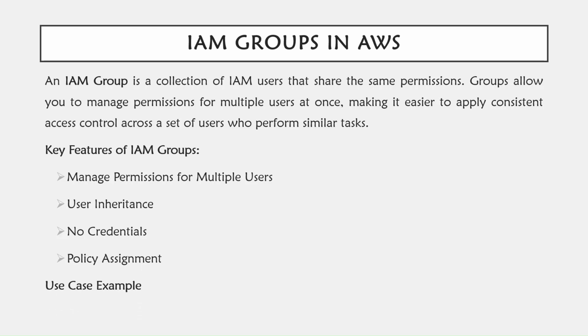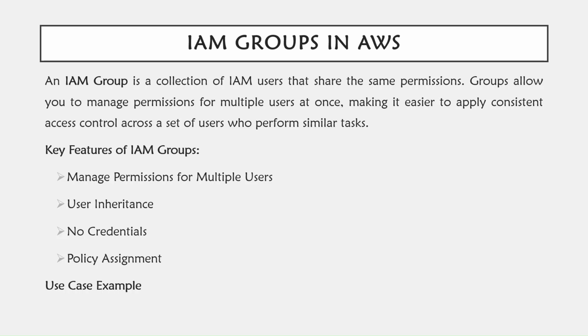Rather than assigning permissions to each individual developer, you create a developer group and assign the relevant permissions to the group, for example EC2 StartInstances, EC2 StopInstances, ListBucket, PutObject. Once the developers are added to the developer group, they will automatically inherit the permissions specified for that group. This ensures that all developers can perform the same actions on EC2 and S3, streamlining permission management.